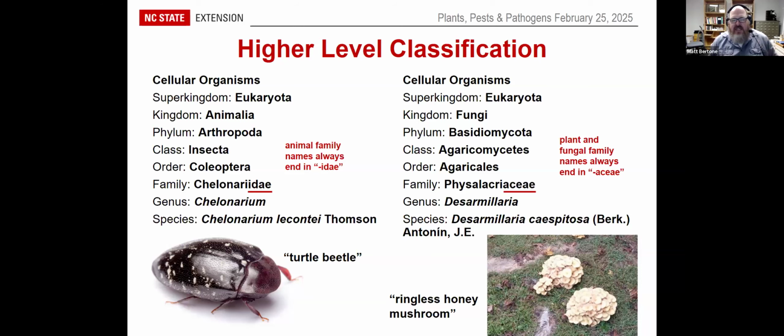For instance, Aphididae are the aphids, and Chrysomelidae are the leaf beetles. Plants and fungi always have -aceae as the ending for their families. So Lauraceae is the laurels, and so on. These are little hints at what taxonomic level you're looking at.